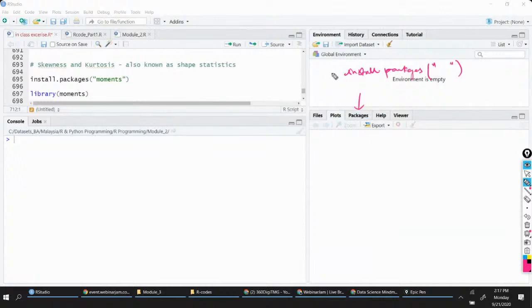Once you install the package, to use it, we use library. Library is a session-specific function. We will be calling library of the package in order to start using the package in the particular sessions in which we are executing the code. That's about your packages.